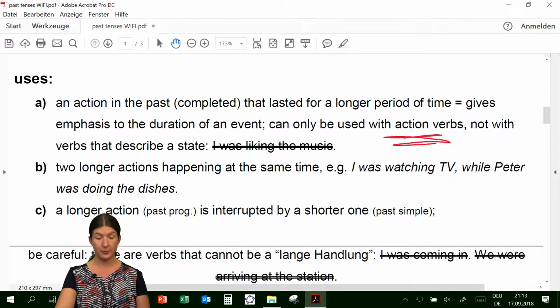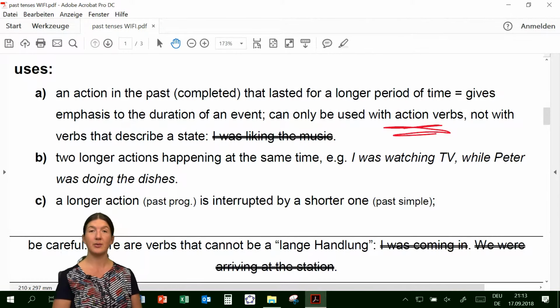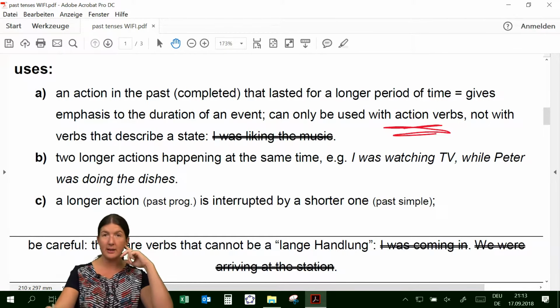And you have a longer action, which would be past progressive, which is interrupted by a shorter one. And I don't know why there is no example sentence, so I have to make up one. I'm pretty sure it's going to be incredible. I don't know. I was having a shower when the phone rang. So the shower is the longer action and it is interrupted by your phone ringing.